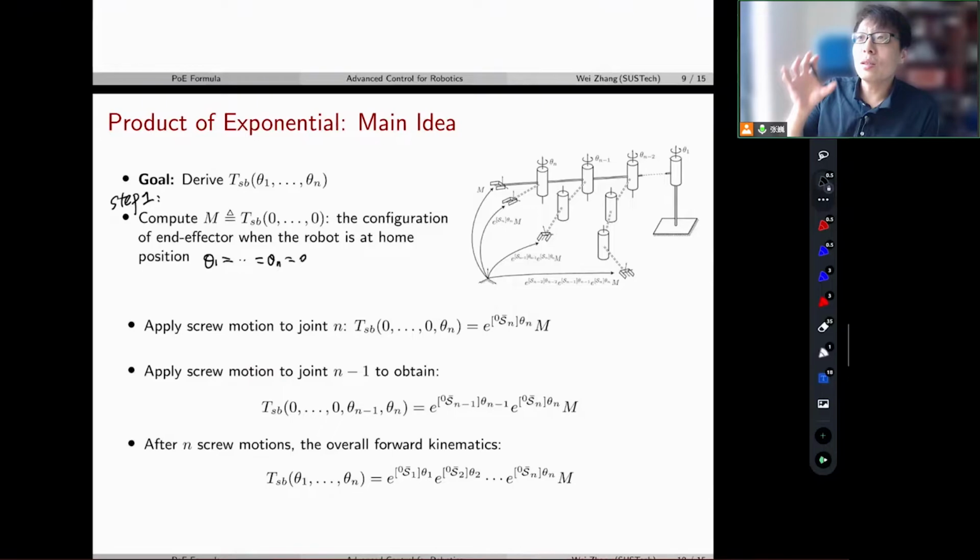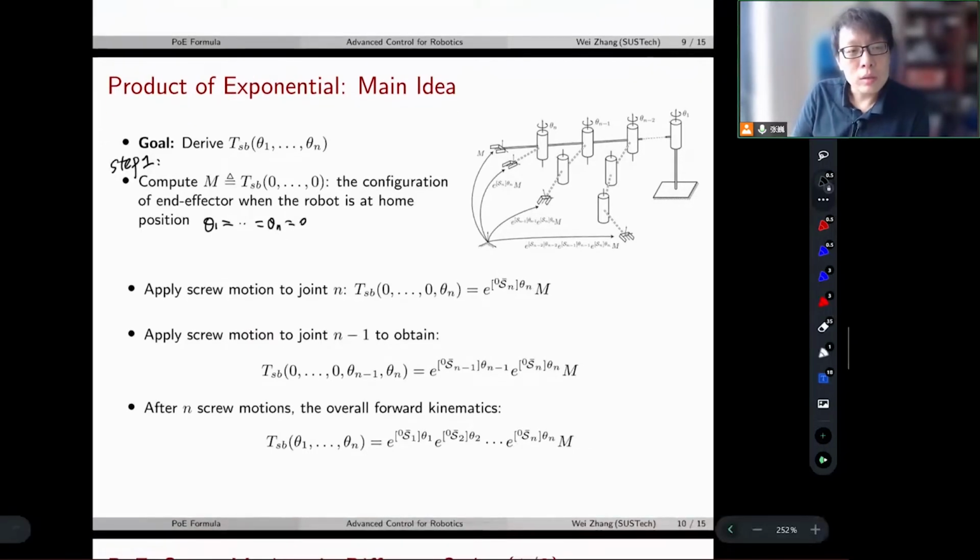Typically you can recognize this home position configuration or pose very easily. You can write it down, and then derive the overall forward kinematics function by moving backward from the last joint. Initially you are at M, that's your home position.